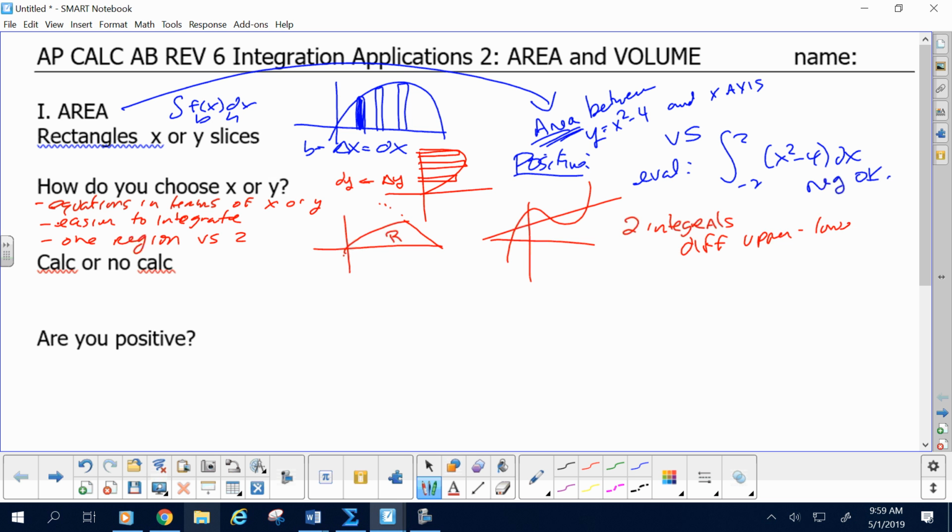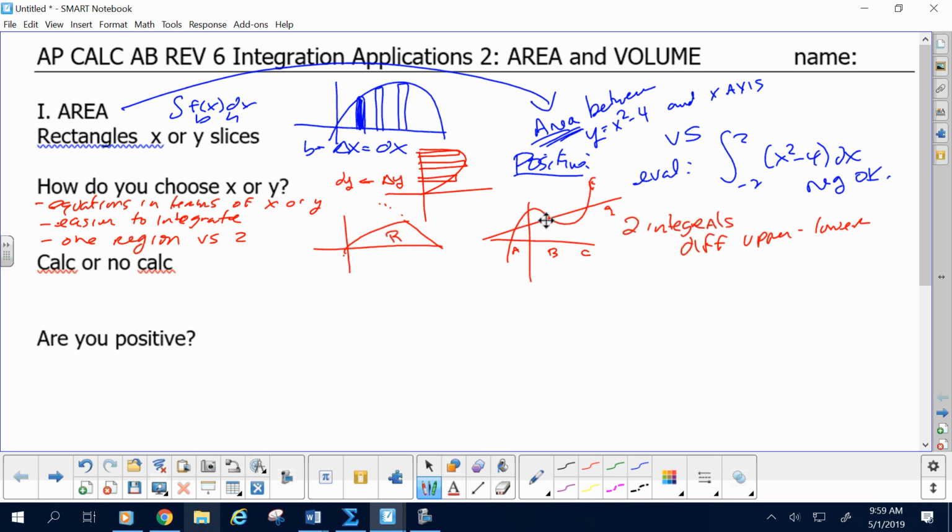For the advanced of you, could you slap, say the intersections are A, B, and C, if you had a calculator, could you give us one integral? You could have. If you took f minus g and slapped absolute value on it, it would work no matter what because the height being negative in the chunk would never happen. I would prefer you just say, I'm just doing it with 2 integrals, okay?